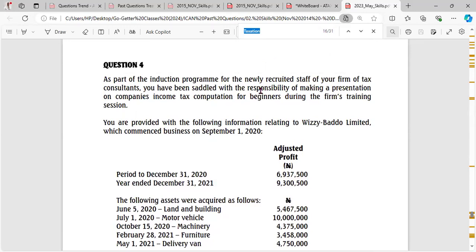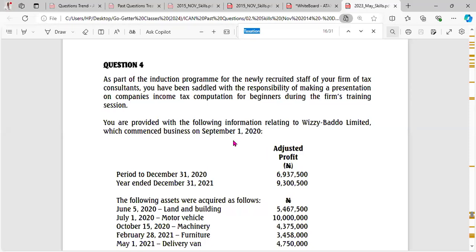As part of the induction program for the newly recruited staff of your firm of tax consultants, you have been saddled with the responsibility of making a presentation on company income tax computations for beginners during the firm's training session. You are provided with the following information relating to Wheezy Bado Limited, which commenced business on September 1, 2020.